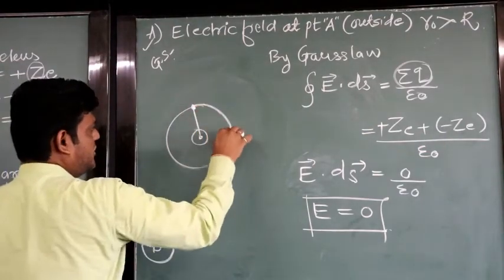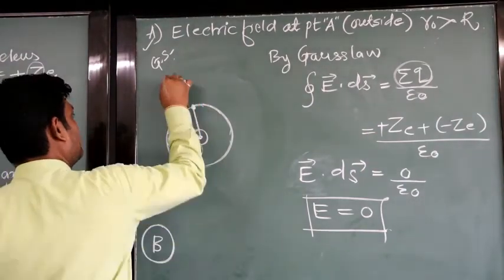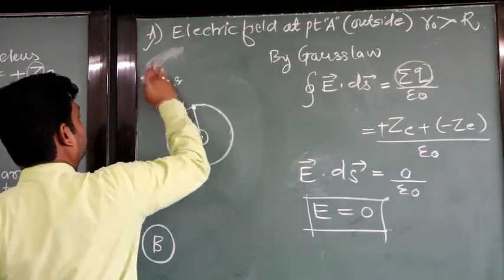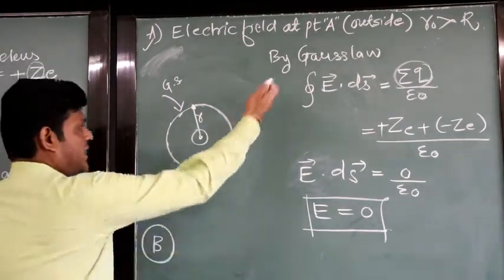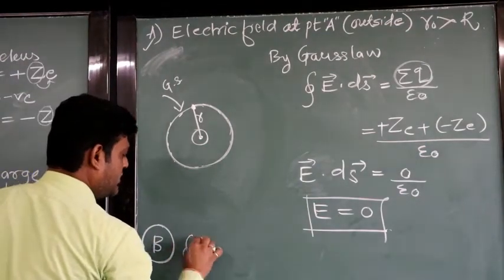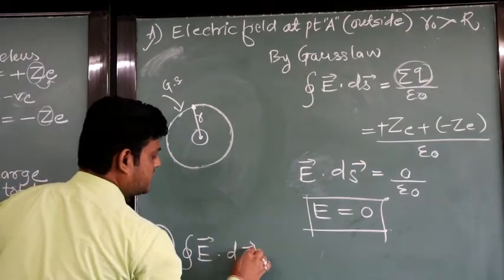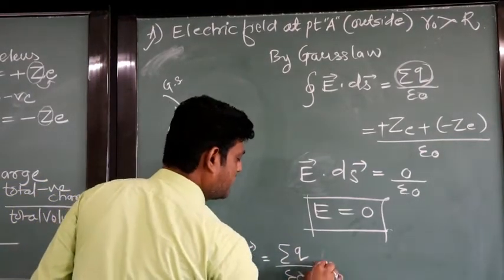This is the Gaussian surface, at distance r. Again, by using Gauss's law, the integral over a closed surface of E vector dot dS vector equals the summation of charge divided by epsilon 0.